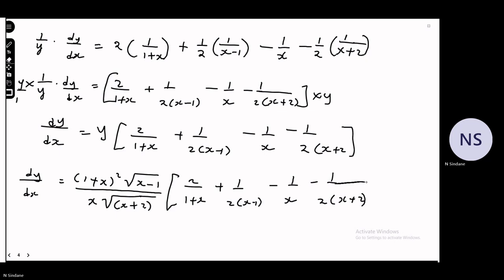That is my solution for this question. That is my solution for this type of a question. When I differentiate this type of a question, this is what I'm going to get.